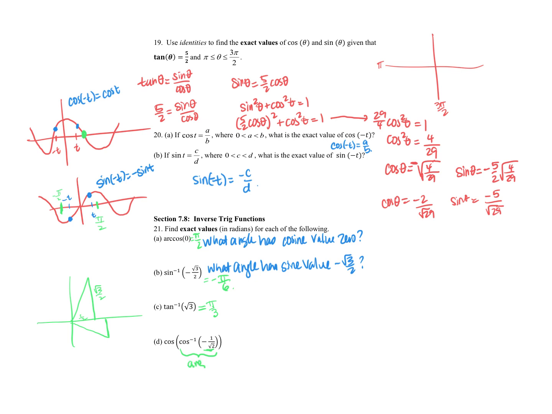This is an angle, so it is saying what is the cosine value of, and then this inner part is the angle that has cosine value negative 1 over root 2. And so the answer to that is negative 1 over root 2. So I didn't have to worry about any domain issues here, but I may have to in the next one.